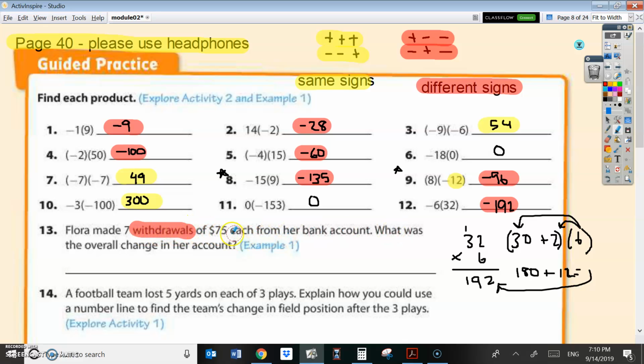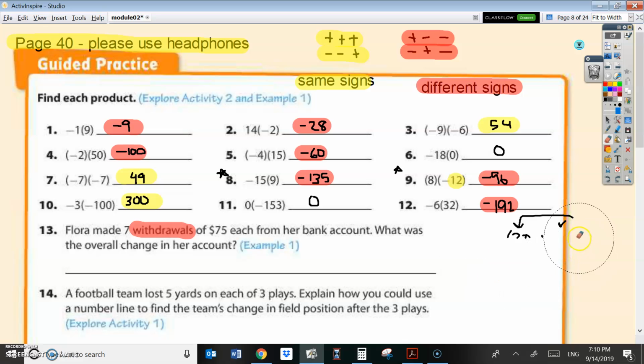She made 7 withdrawals of 75 from her bank account. What was the overall change in her account? So, all you need to do is 75 times 7. That's 35, 49 plus 3 is 52.